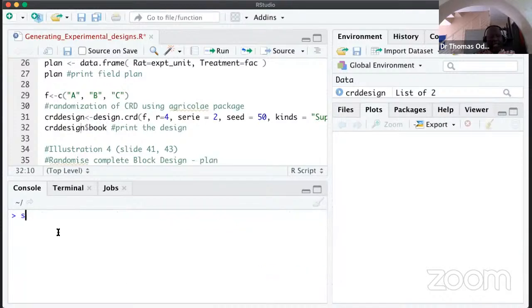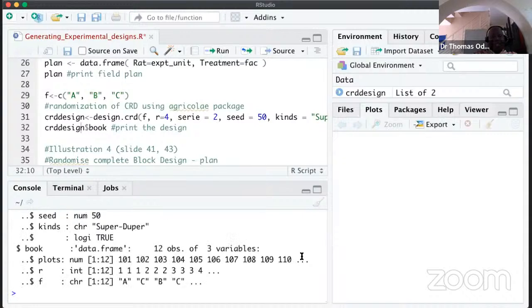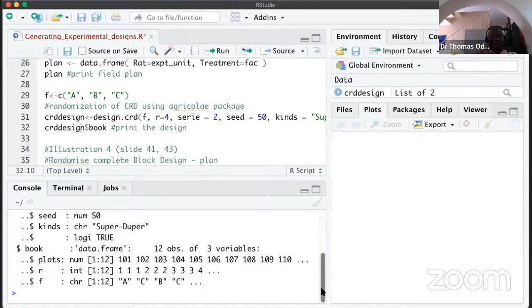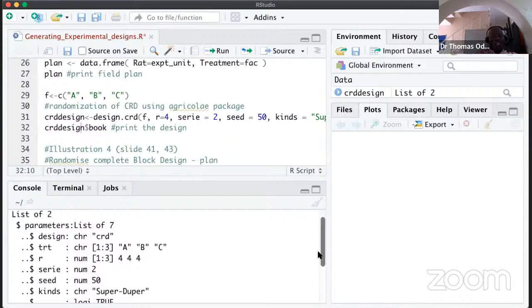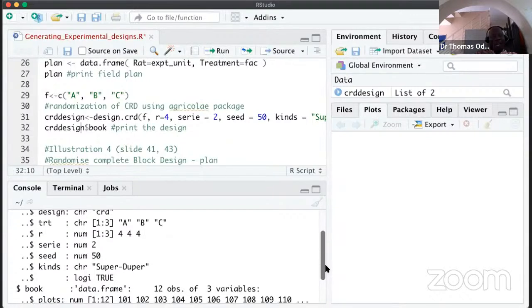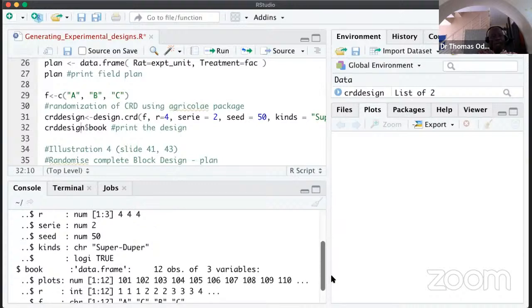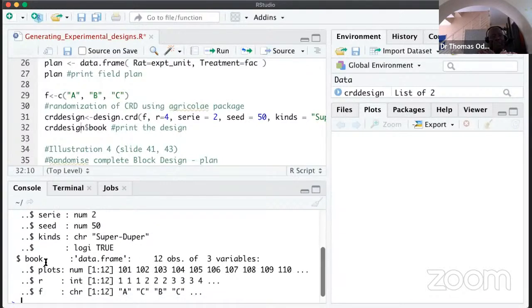We could actually use the function str, which is the structure, and we see what we really have in this CRD design. We can run this, and then it will tell us what we have. So here, it tells you you have the design, you have treatment, you have replicate, you have series, which is 2, seed is 50, kind is super duper, logic.